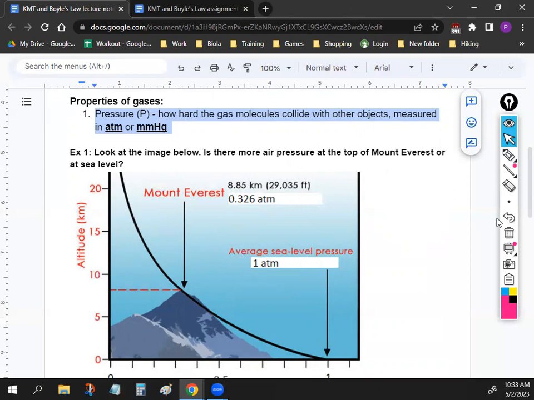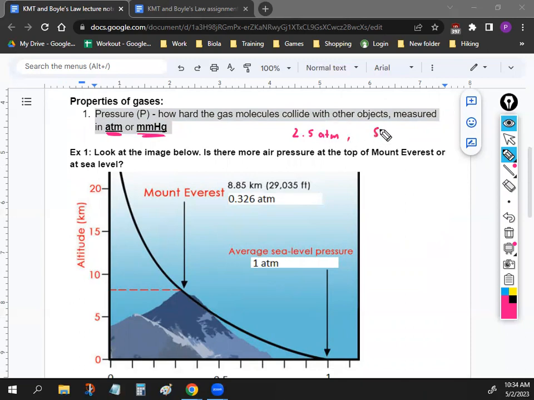And then the way that we measure it is we measure it with different units of measurement. We can either measure it in ATM, which stands for atmospheres, or mmHg, that's millimeters of mercury. Okay, so just a quick example. You guys don't need to write this down, but we can have like 2.5 ATM. That's one way of writing down pressure.